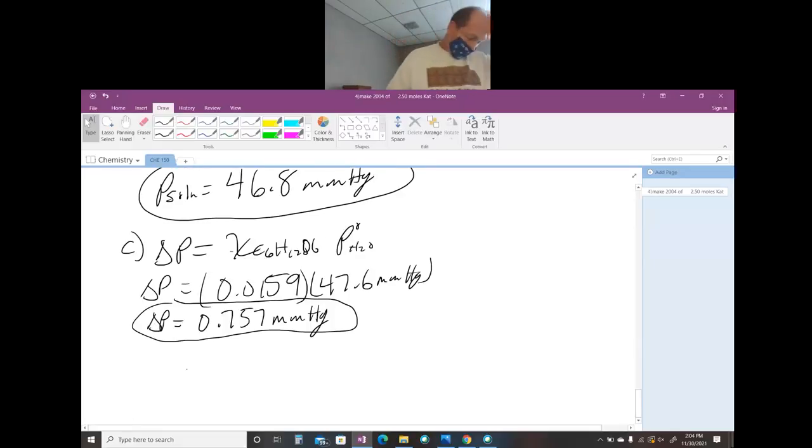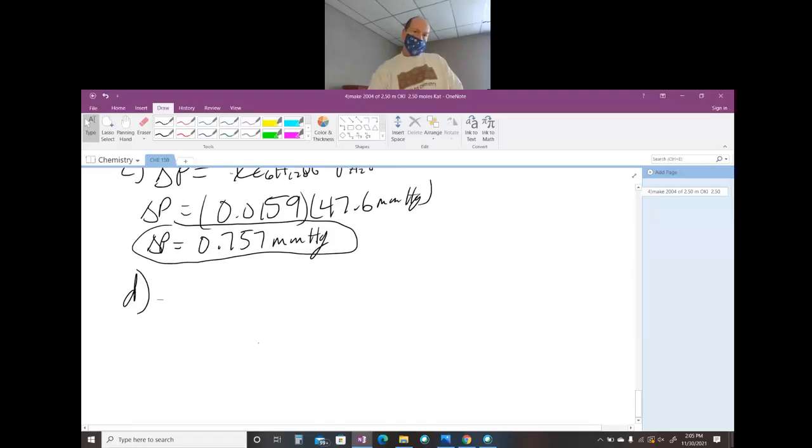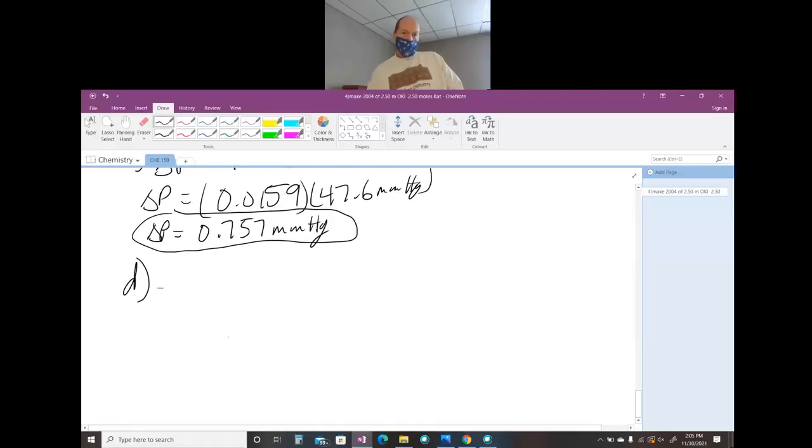And part D. Part D, find the freezing point of this solution. All right, so we need our delta T sub F, and that is equal to i Kf C sub m.